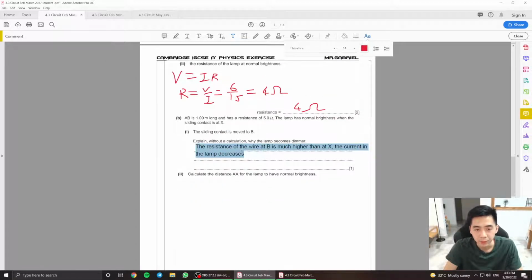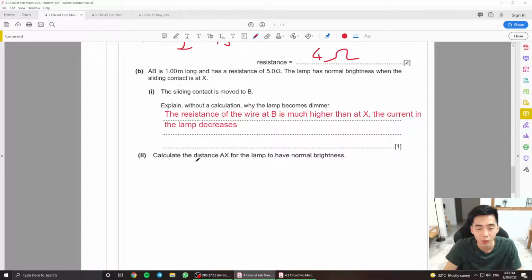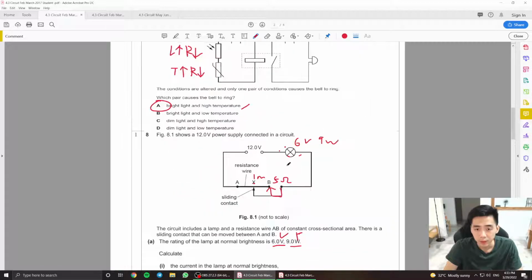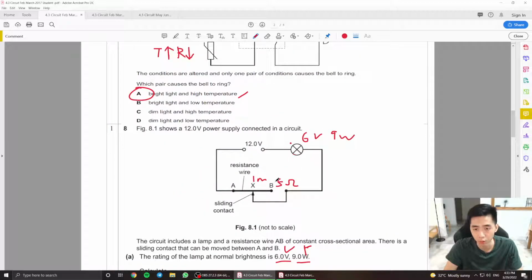Then the final question, which students usually struggle with a little bit, asks us to calculate the distance AX for the lamp to have normal brightness. Now, I know that this lamp, in a normal scenario, is 5 ohms. At X, it will be at maximum brightness.